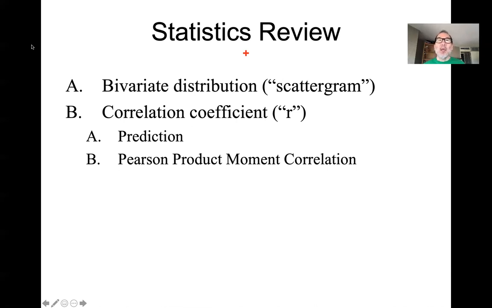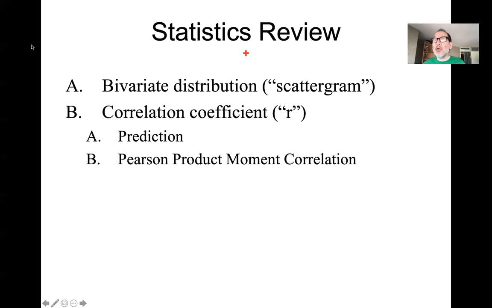Now, the correlation coefficient is designated by the index r. The most common correlation you'll see related to tests and measurements is the Pearson product moment correlation. As you may recall from previous classes like research methods or abnormal psychology, perhaps, I know I touch on it very quickly.